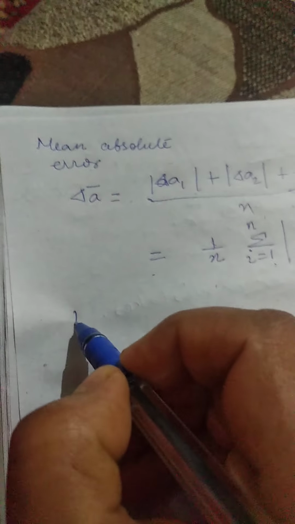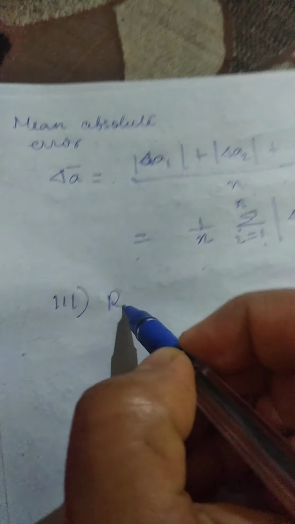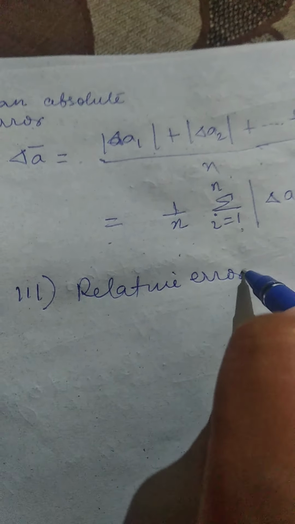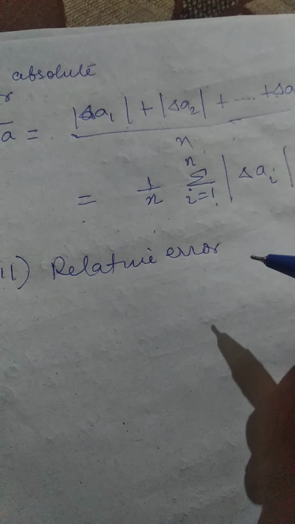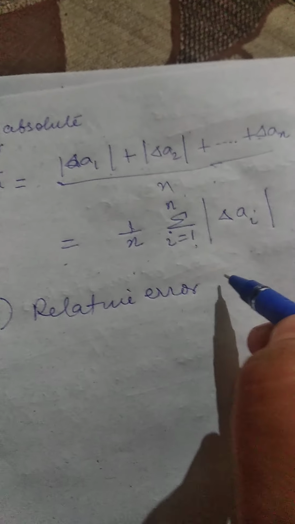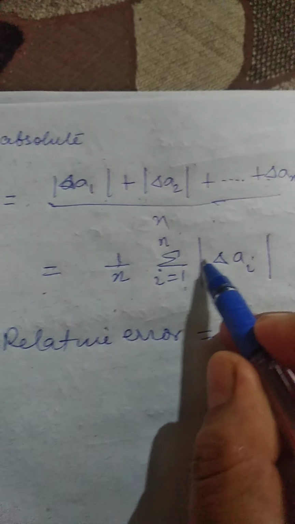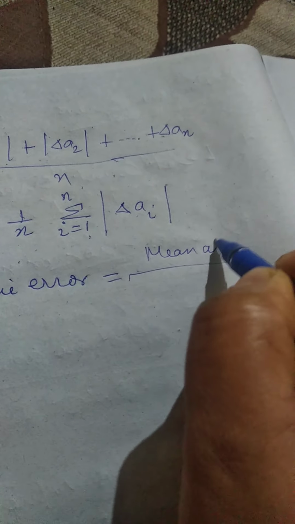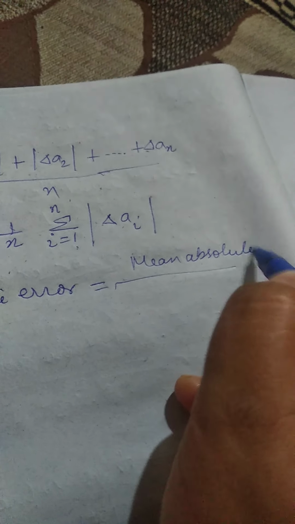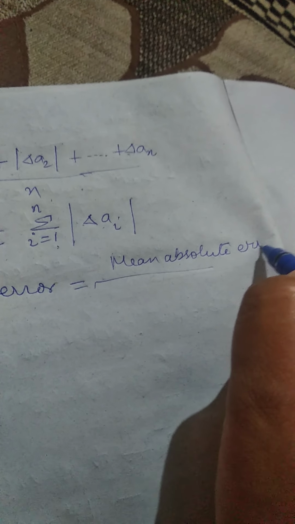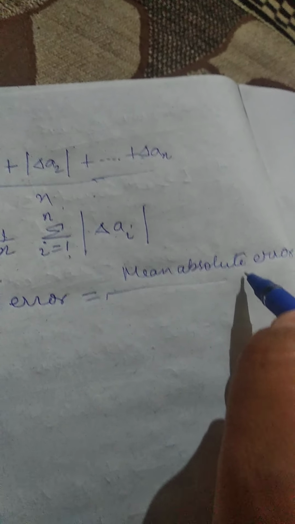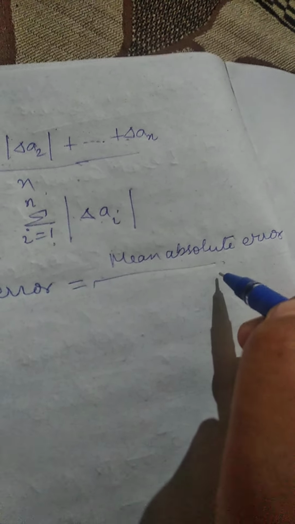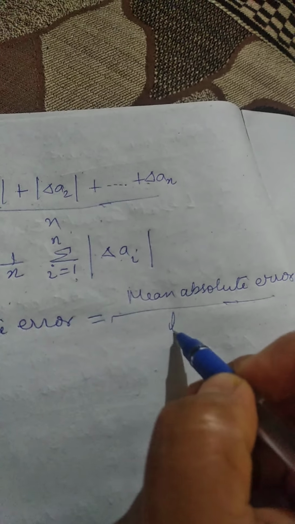Then comes your third one, that is called relative error. What is this relative error? The ratio of the mean absolute error to the true value of the measured quantity.